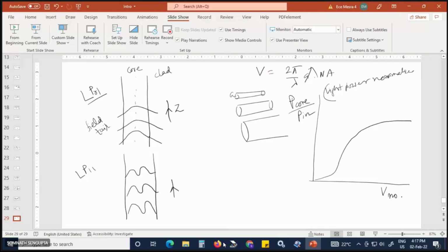So you just have to take these conditions from 2 to 6, and this is the graph for LP01.